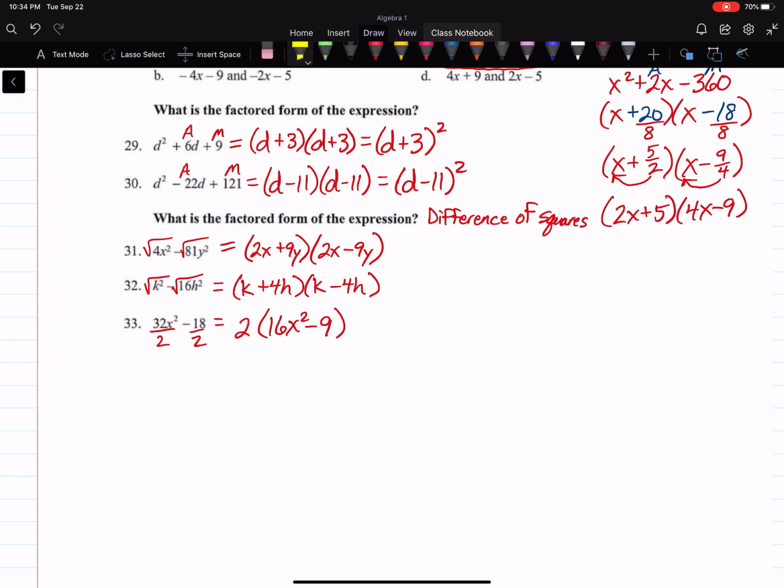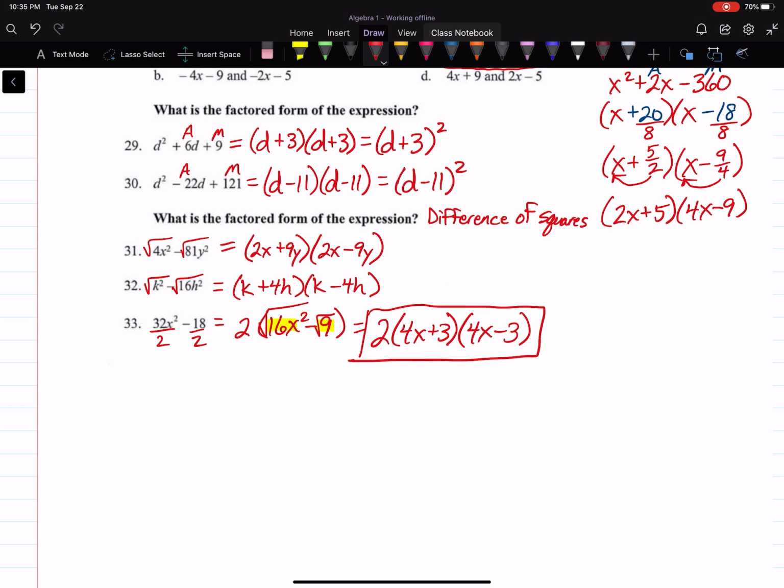And now we have two perfect squares. So now we can do the shortcut. The square root of 16x squared is 4x and 4x, and the square root of 9 is plus 3 and minus 3. And that is our final answer and our final question.